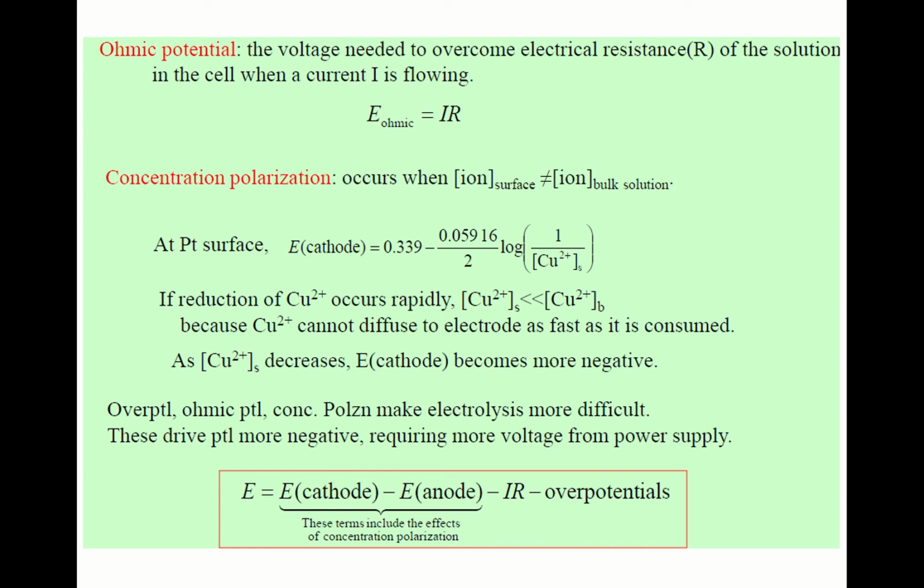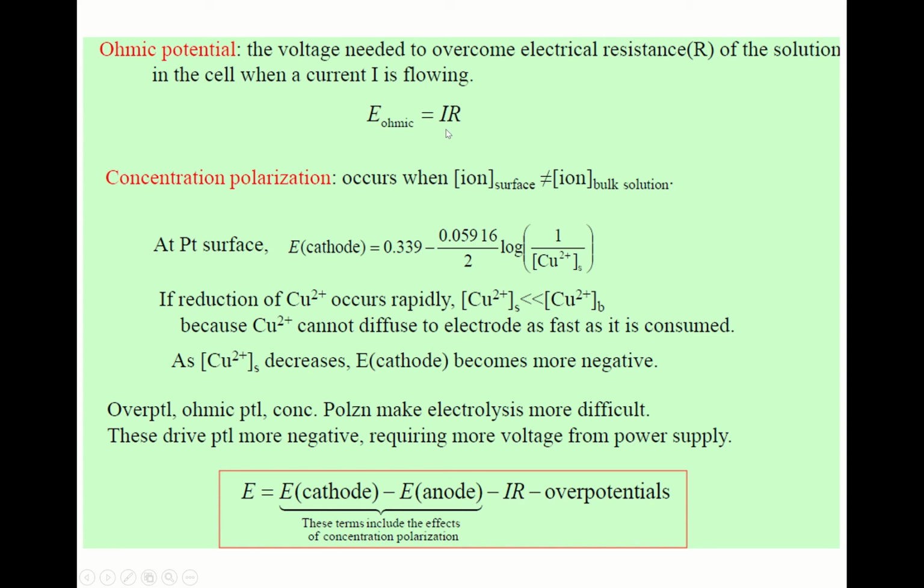But in a solution, the electrolyte, although it is liquid, has a certain amount of resistance, R. So the current flows through the external circuit and through the inside of the electrolyte, where the ions are moving. The electrolytes also sometimes have very large resistance.